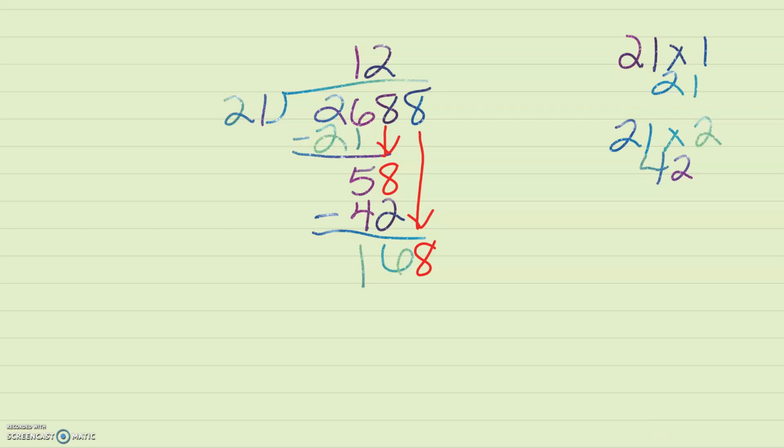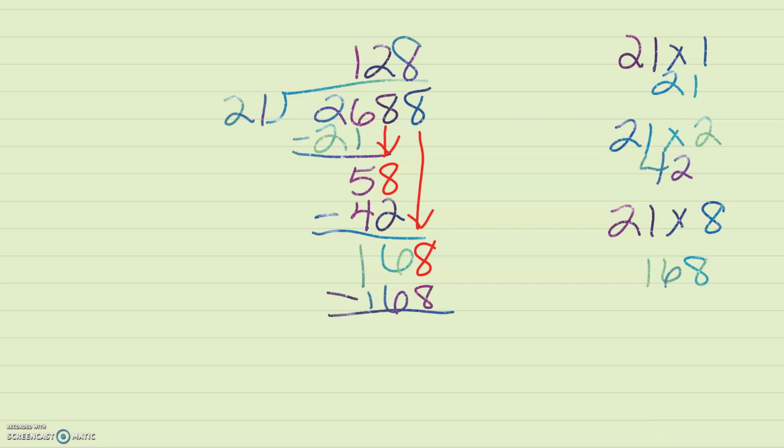How many times can 21 go into 168? 20 could go into 168 about 8 times, so let's try 8. What is 21 times 8? 1 times 8 is 8, and 2 times 8 is 16, so it's 168. If we write 168 down here and subtract, we get 0.